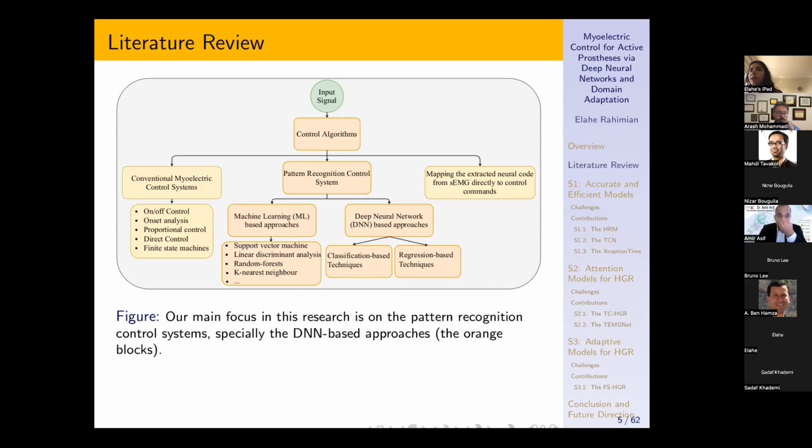It is the pattern recognition control system, which has two subcategories: machine learning, and deep neural network-based architectures. The final category is about decomposing the SEMG signal into motor unit action potentials. Then it is possible to extract a code from these MUAPs and map it to the control commands.